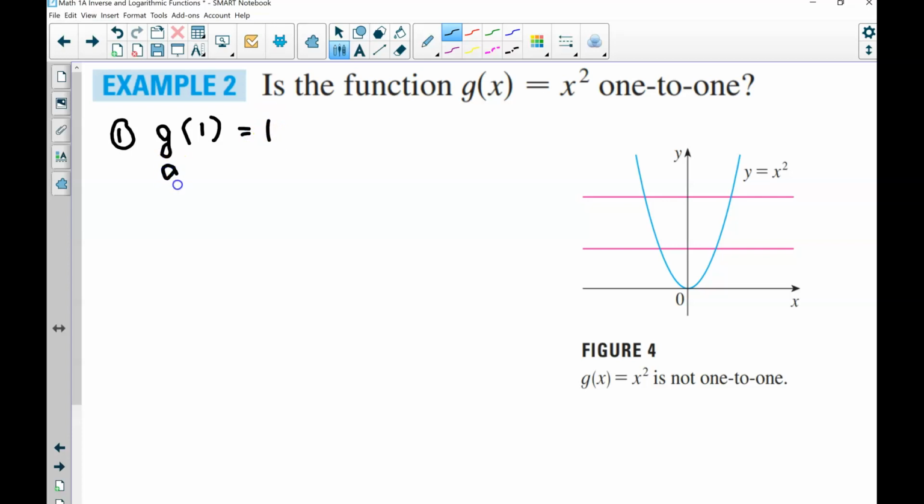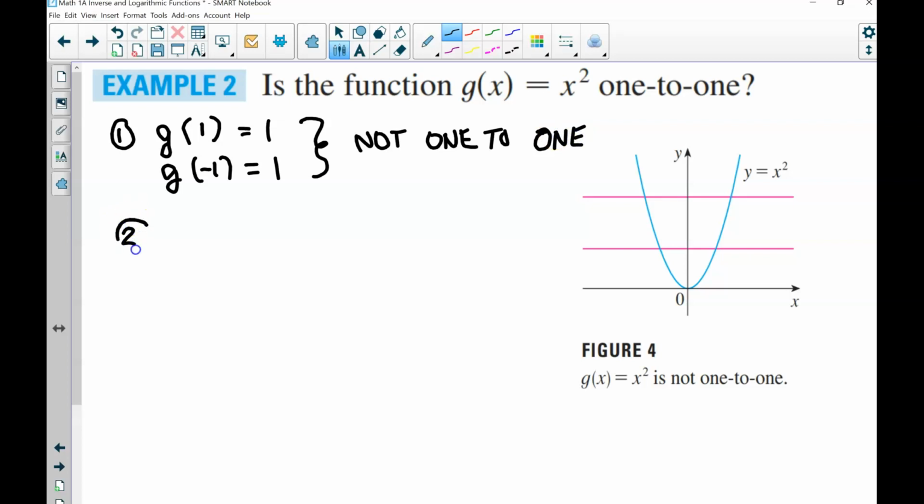And then the input of -1 also has an output of 1. So because you have one output that has two inputs, it's not one-to-one, which means it does not have an inverse.